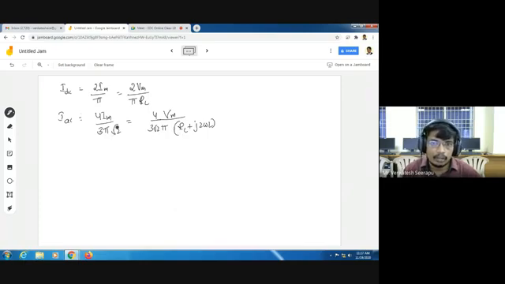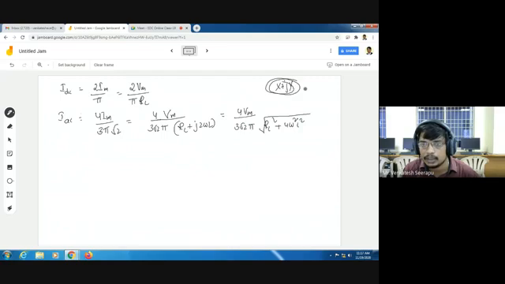And how do we find the magnitude of this? It is 4 Vm by 3 root 2 pi into the square root of RL square plus 4 omega square L square. We take R plus j omega L as x plus jy, and the magnitude is the square root of x square plus y square.